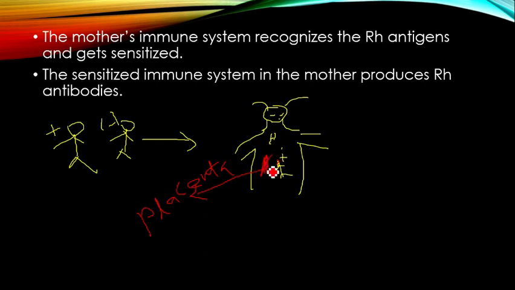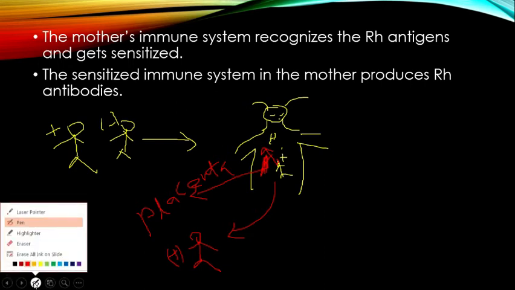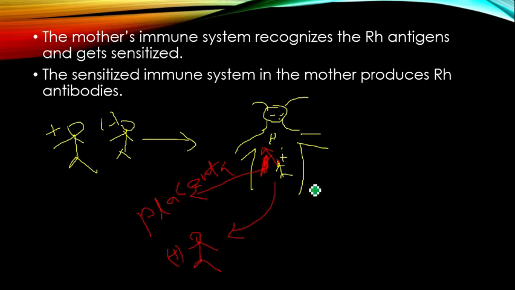There is damage to the placenta during the delivery of the first baby. There is no effect to the first baby even if the first baby is positive. Why? Because only during delivery can the positive blood of the fetus mix with the negative blood of the mother. Hence, there is no effect to the first fetus.